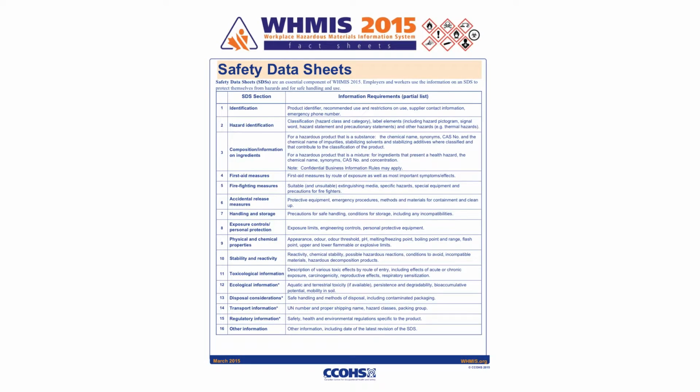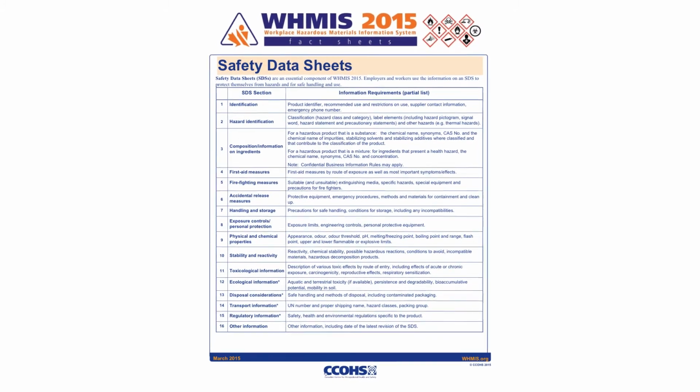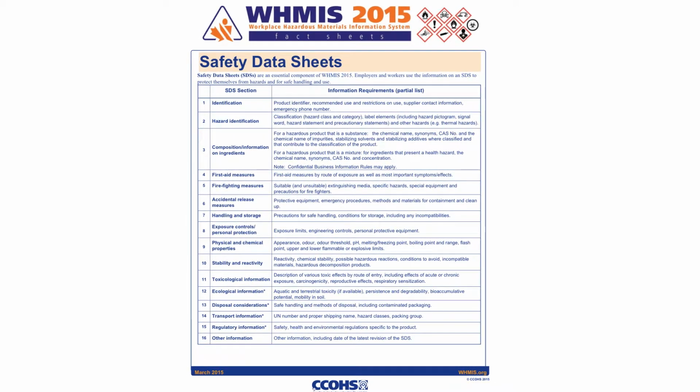The second part to these is something called the safety data sheet. So this is a piece of paper that I get with the chemicals when I buy them for my office. And you can see that the sheet has 16 sections on it, right?